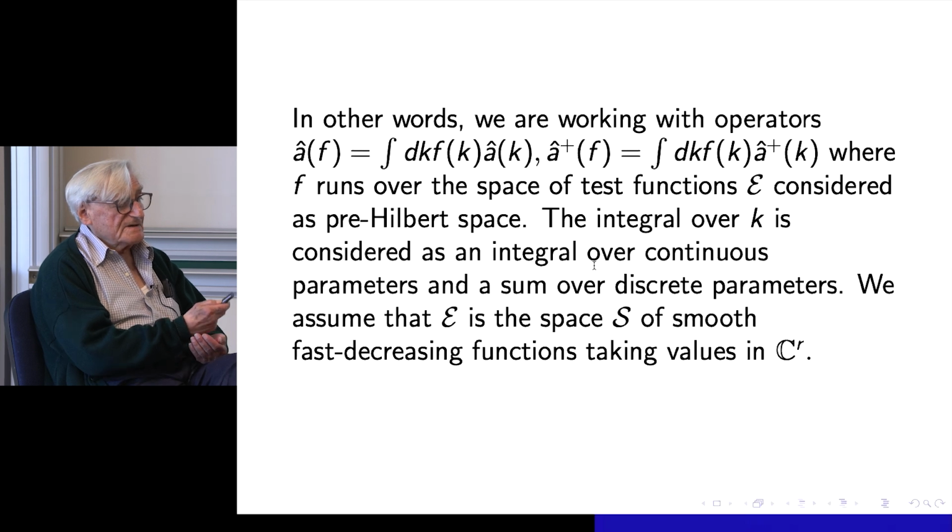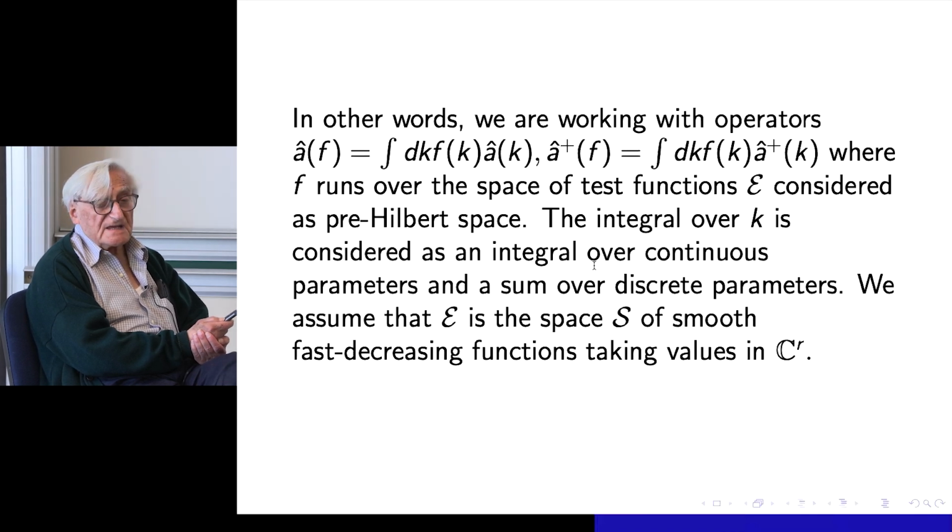One of these representations is a standard one. This is called Fock representation of canonical commutation relations. It contains some cyclic vector that is annihilated by operators AK. And physicists usually work with this representation, Fock representation.